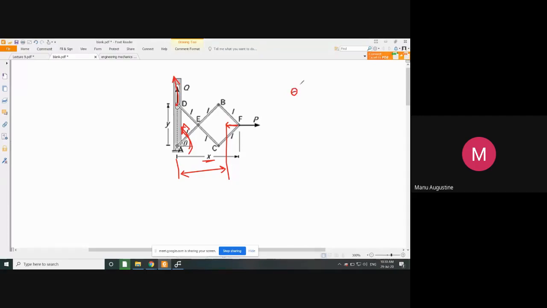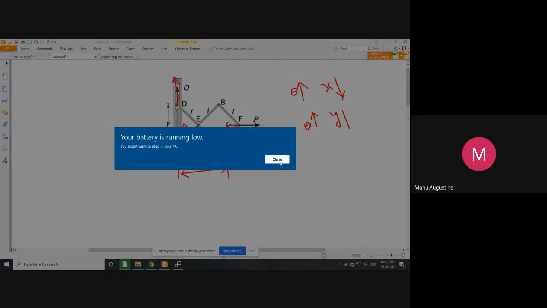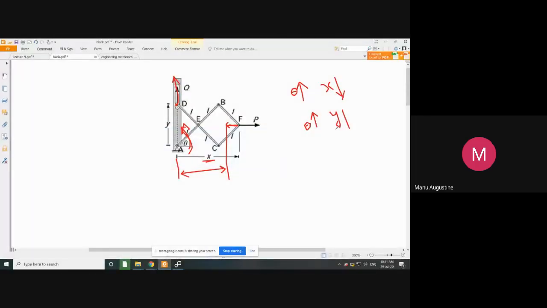If theta increases, x decreases. If theta increases, y increases.